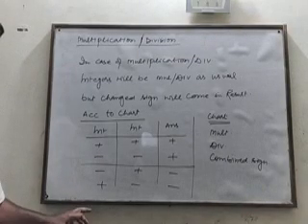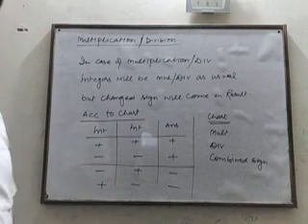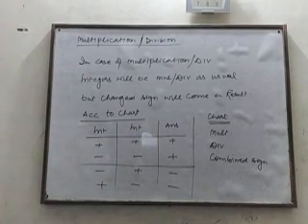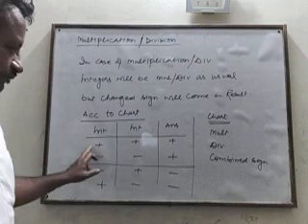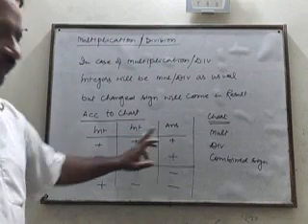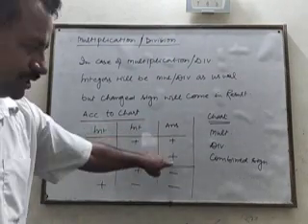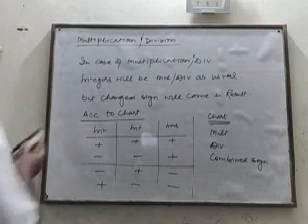Remember this chart, it will be used to put the sign in case of multiplication and division. If both numbers are positive, after division plus sign will be there. Both negative, then also plus. If one is negative, one is positive, then minus sign will be there.